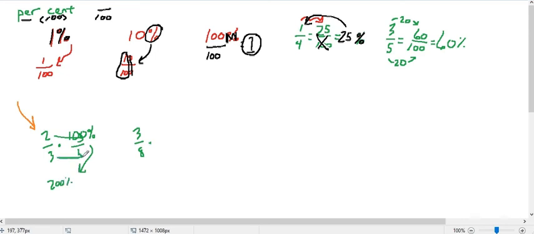3 times 1 is 3. And then the fraction bar implies that we are dividing. That means divide. So 200 divided by 3. Again, it's not going to be super pretty. 3 goes into 20 6 times.